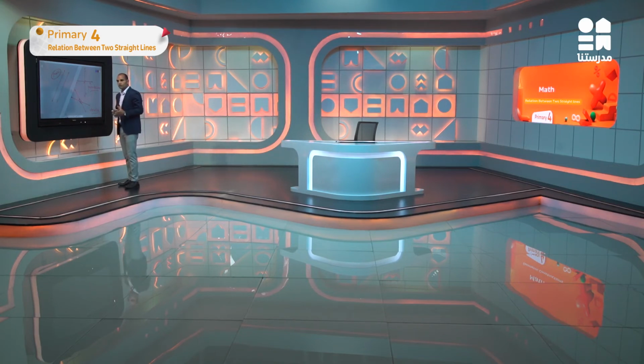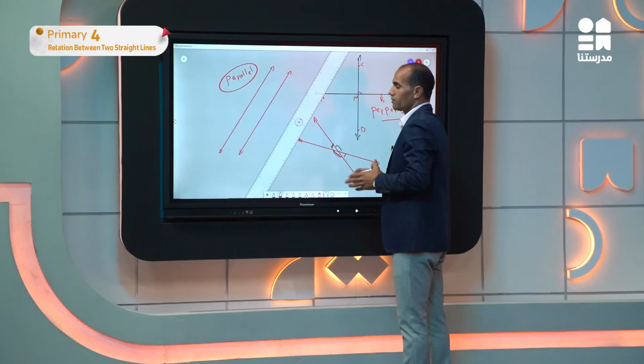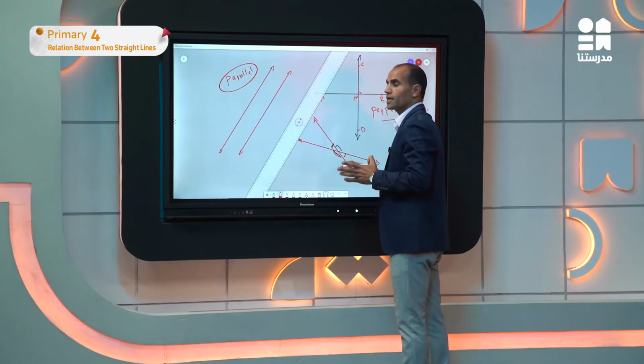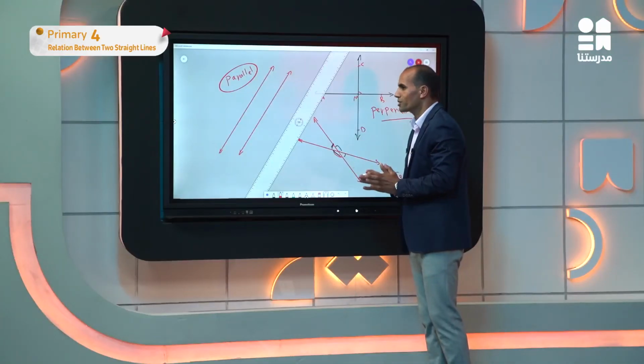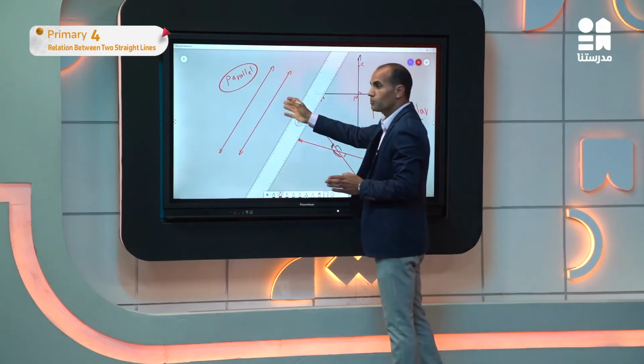So when I ask you about the two straight lines that never intersect, they are called what? They are called parallel lines. Never intersect means the number of intersection points of the two parallel lines is 0. So we have 0 intersection points between the two parallel lines.